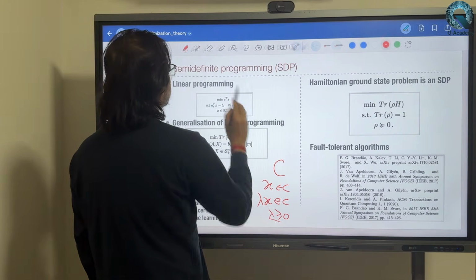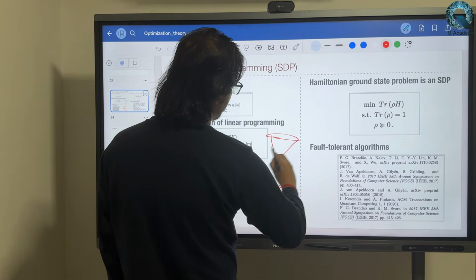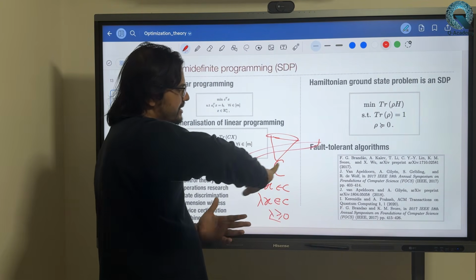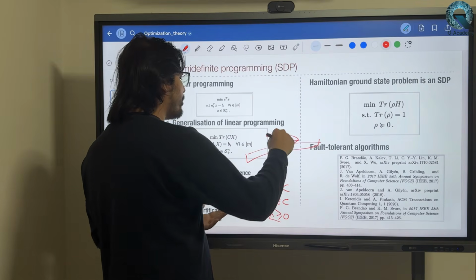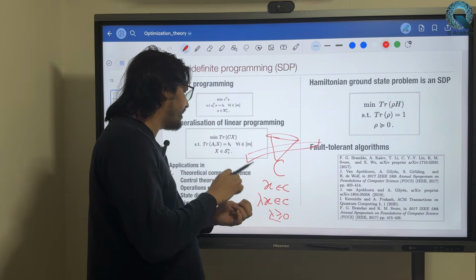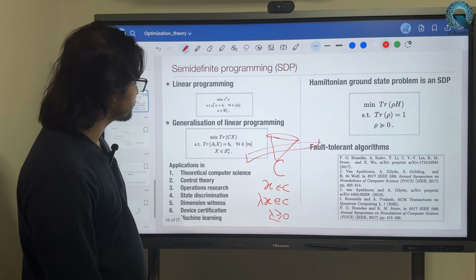You take a PSD cone, take a slice of it, and if you optimize a linear function over that region, what you get is called a semi-definite program.